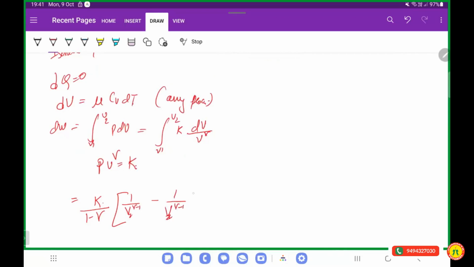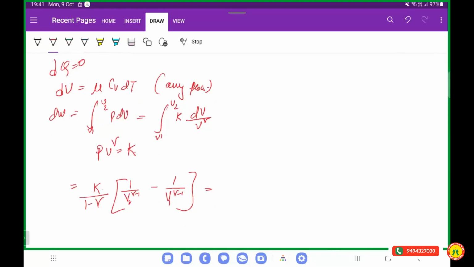If we cross multiply here, we get P2 V2 minus P1 V1 by 1 minus gamma.